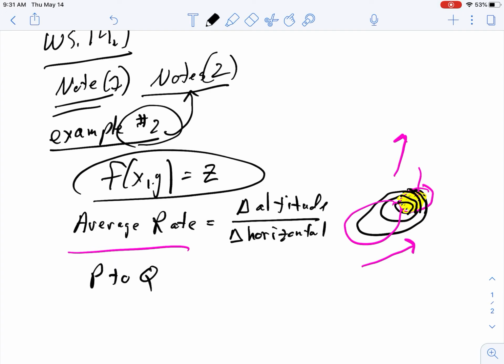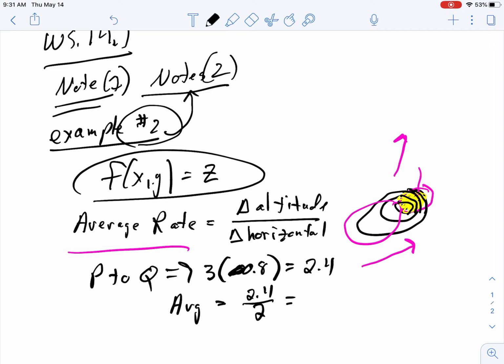If you look at example 2, from, let's say, P to Q, you would see the lines, and you have 3 lines, a distance of 0.8, which would give you 2.4. So that average rate of change would be 2.4 over 2, therefore you have 1.2.